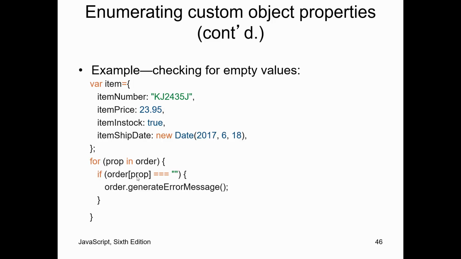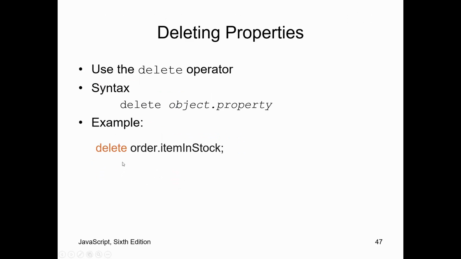They're checking for empty values. So you're working your way through this whole thing to see if any of the properties inside of here were empty. I think they probably meant to call that order or else meant to call that item, but I don't know. Again, not being the author, I'm not sure.